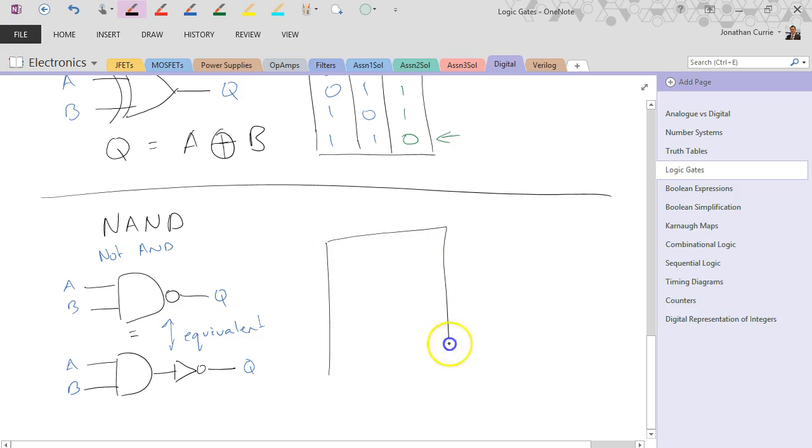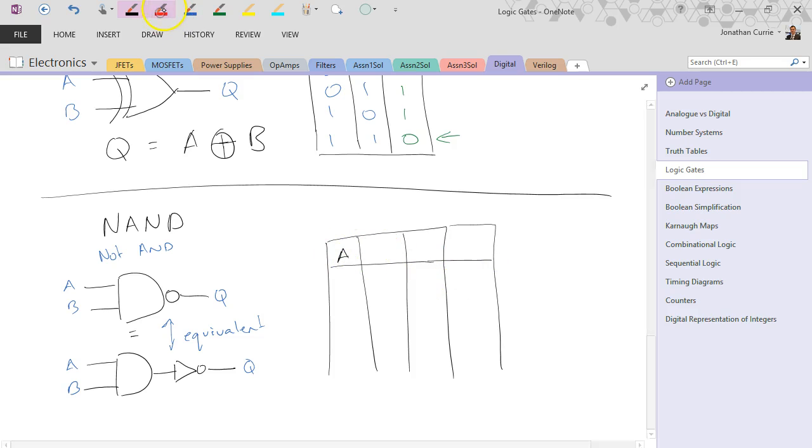And the easiest way I find to remember the truth table for these ones is, when you go to fill out the truth table, A, B, I'm going to do, so this will be Q, and this will be not Q. 0, 0, 0, 1, 1, 0, 1, 1.